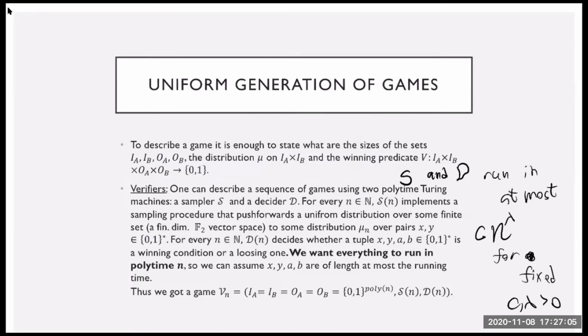Okay, so S is called the sampler, and what it does is the following. It flips some finite amount of coins. It takes the uniform distribution on some F2 vector space, so just finite strings of bits of a fixed length, and from that it calculates 2 questions, X and Y. For now, I take X and Y to be any string of bits, so at least for the moment, IA and IB are infinite, but this will be fixed in a moment.